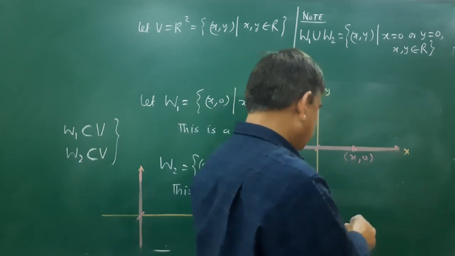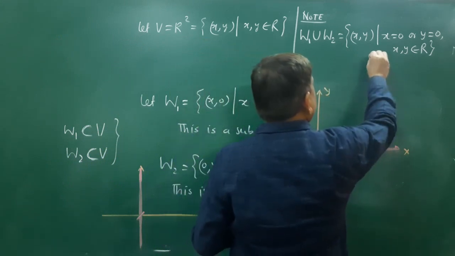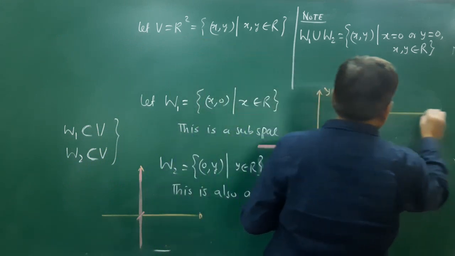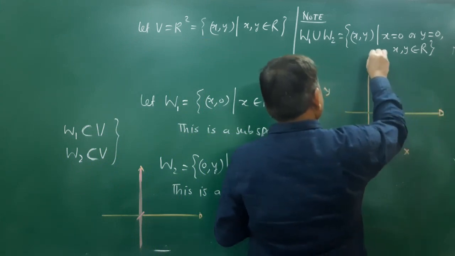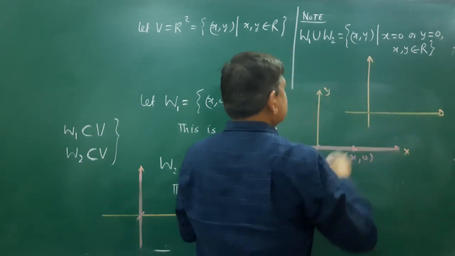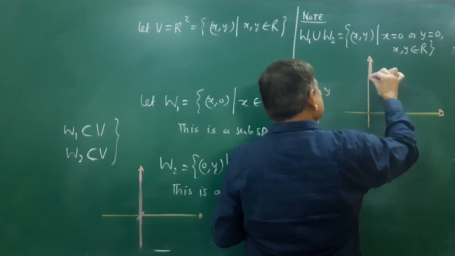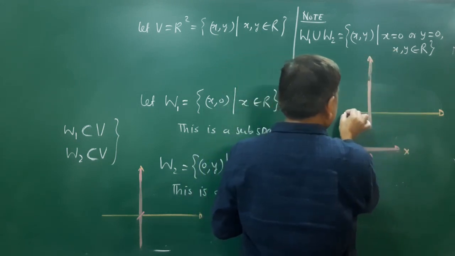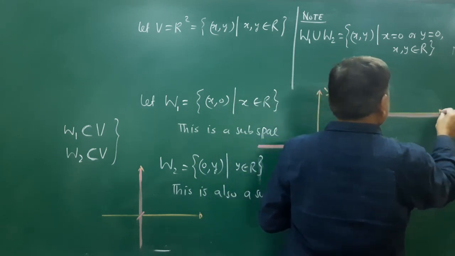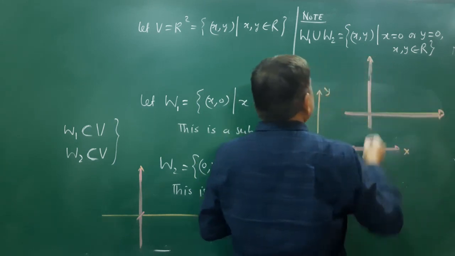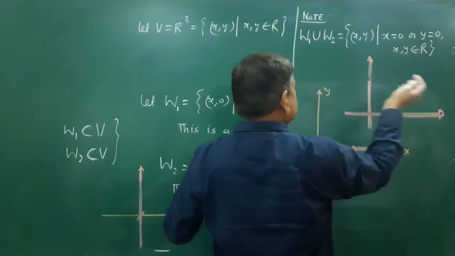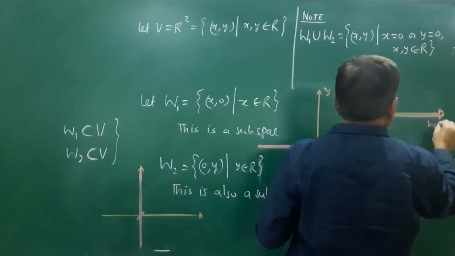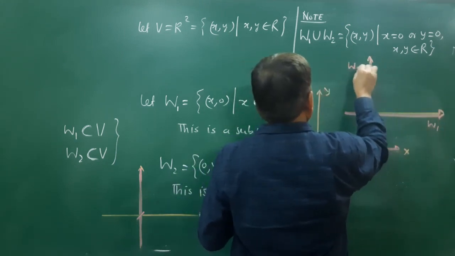This is the union, and if I consider it, then you find the answer is these two lines together. Suppose I say this is W1, for example, and this is W2.